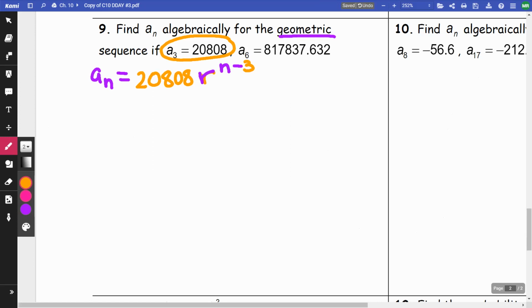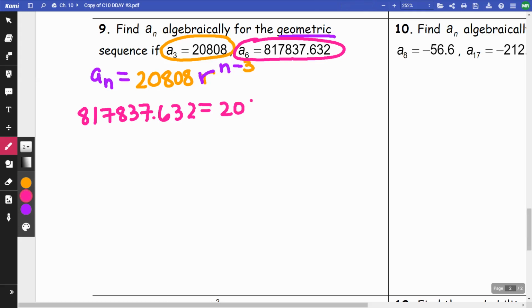So now I am going to take this term and stick that in for my A sub n. So I'm going to have 817,837.632, write that whole thing, is equal to 20,808 times r to the 6 minus 3.